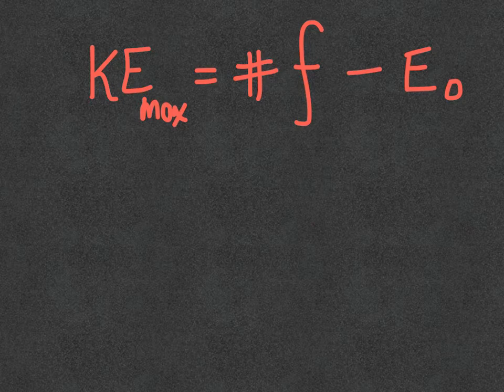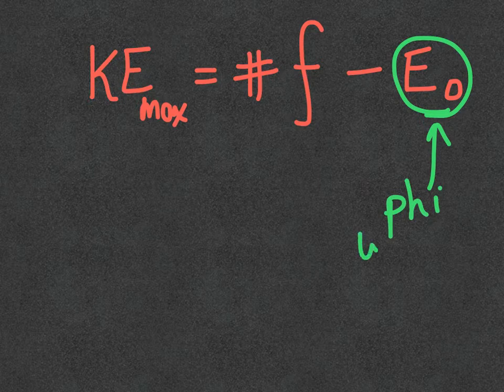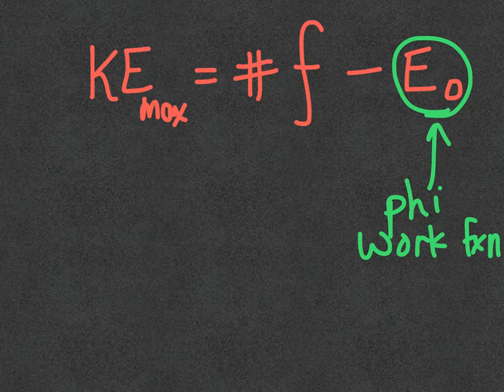What we came to name this value, using the Greek letter phi, is the work function. This is the amount of energy needed from the light just to break the electrons free.